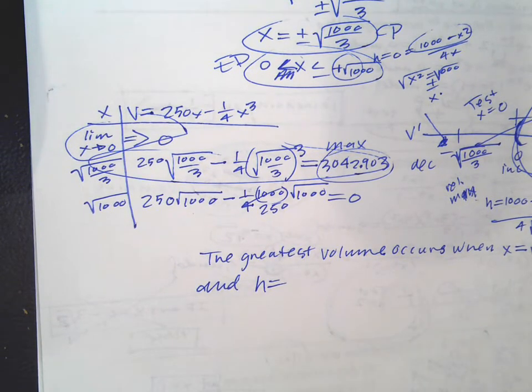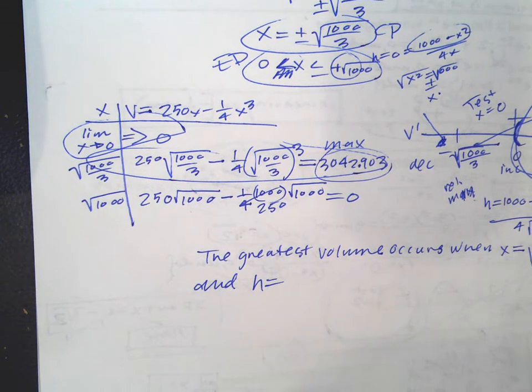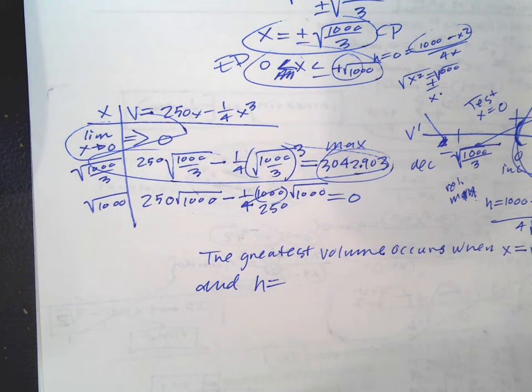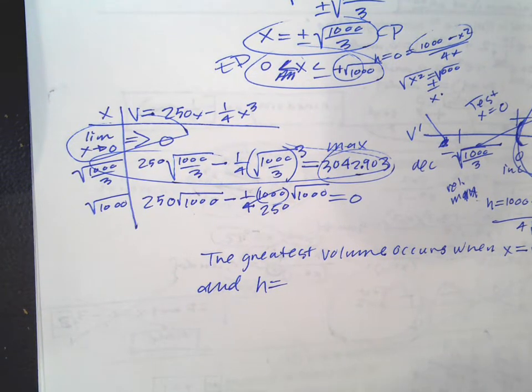So we take that out. Just trying to make sure this makes sense. 1,000 squared. And then we could cancel that. So we have 200 over square root of 10. Or 200 square root of 10 over 10, or 20 root 10.